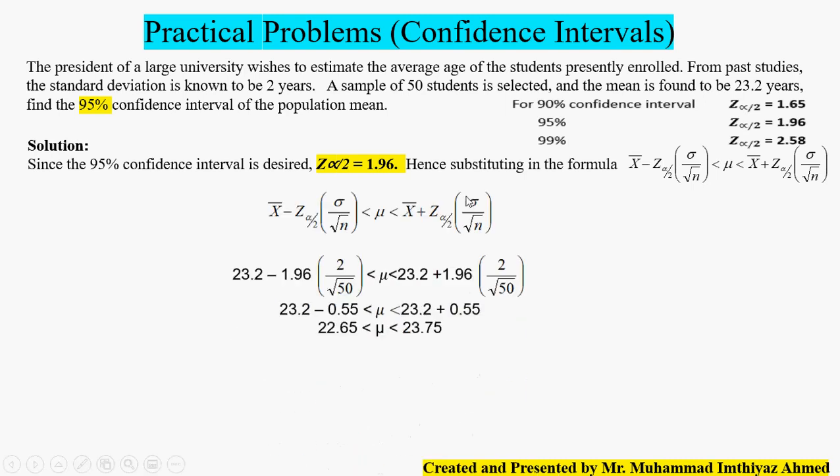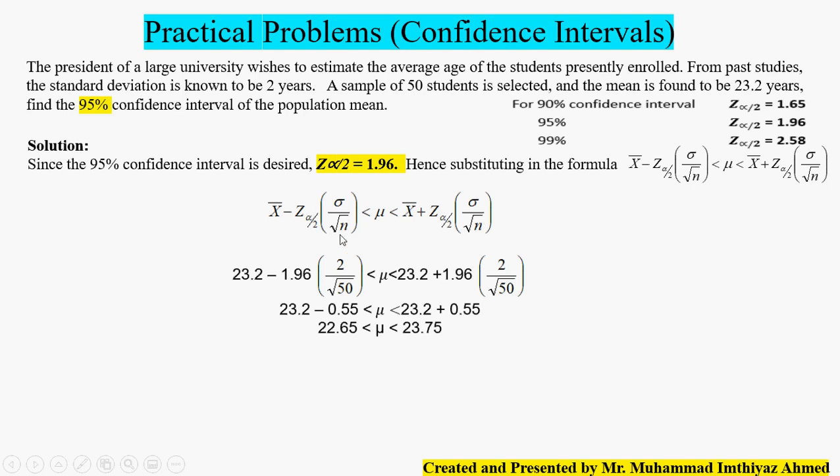So after substituting the values in the formula, our mean is 23.2 given in the problem, and Z alpha by 2, as we know, for 95% confidence level is 1.96. Our standard deviation is given as 2 years and the sample size n is 50.